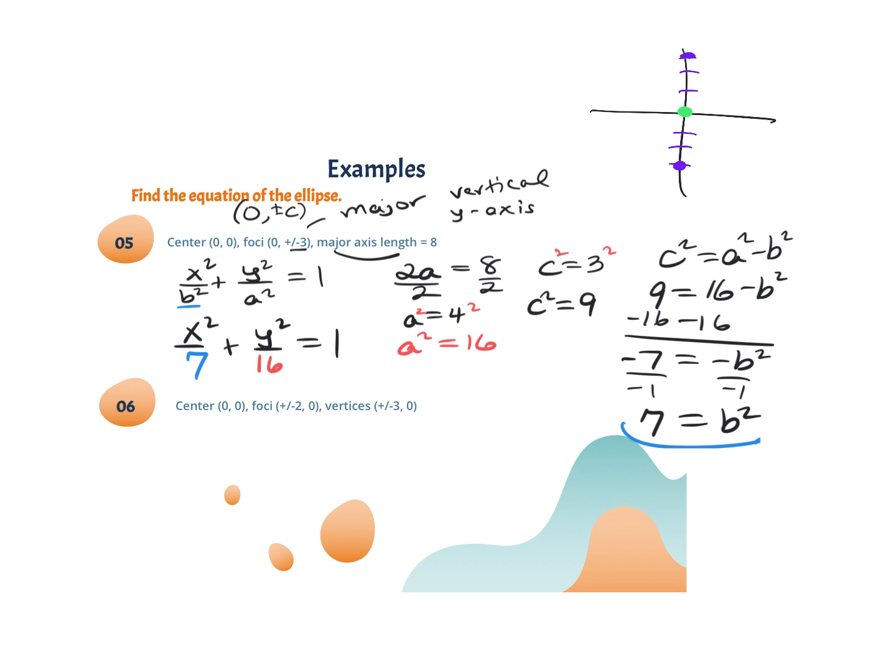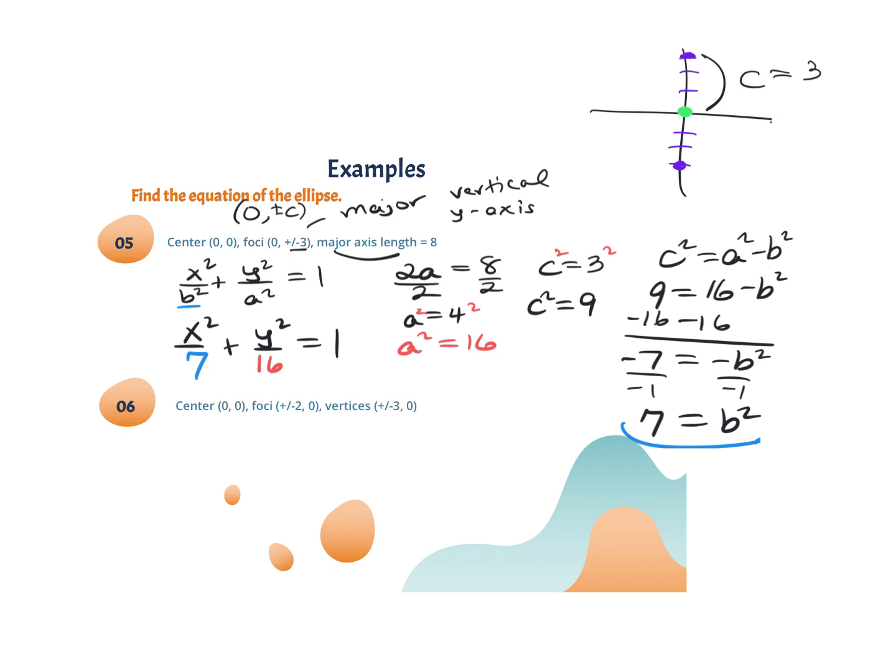And then remember, the c value is the distance from the center to the focus. So this is how I could have also gotten my c value by graphing it and counting the spaces. But if you remember the rules, the focus point is always, when the center is at 0, 0 and your major axis is vertical, 0, comma, plus or minus c.